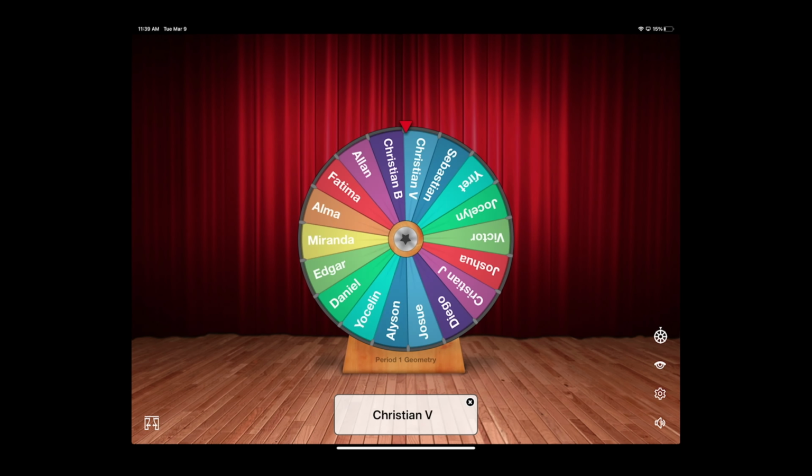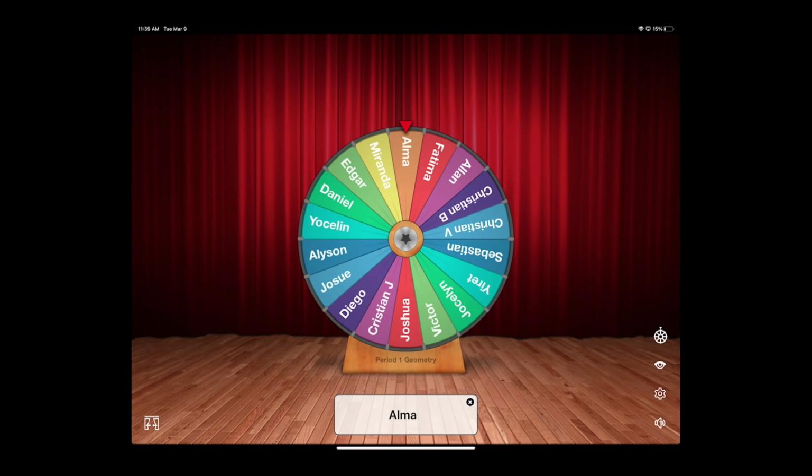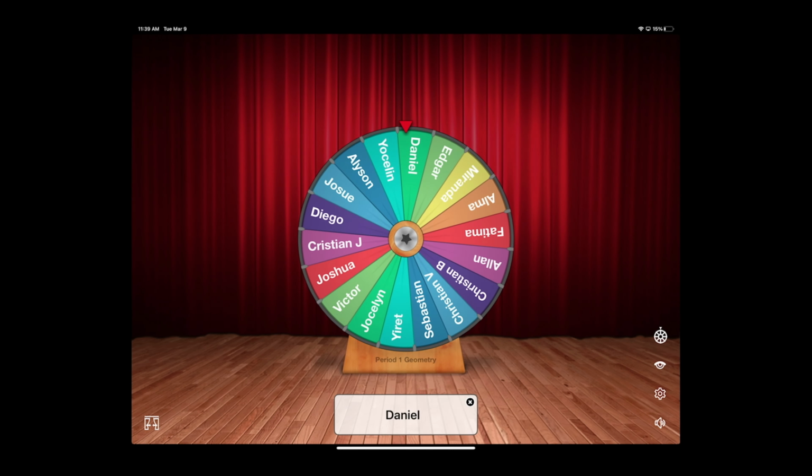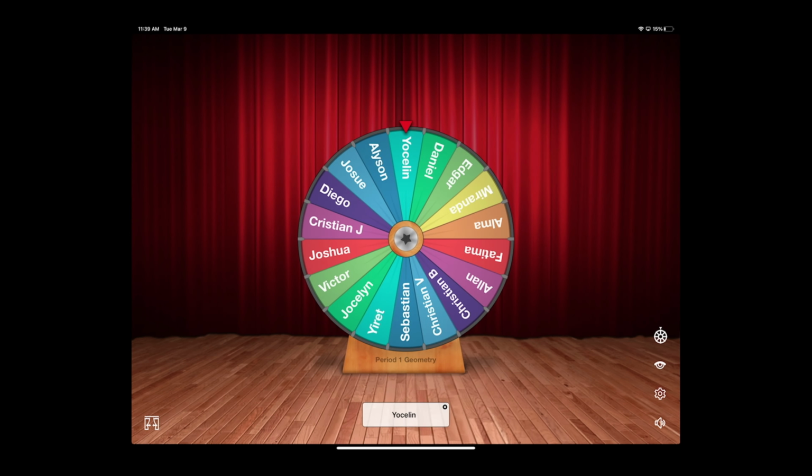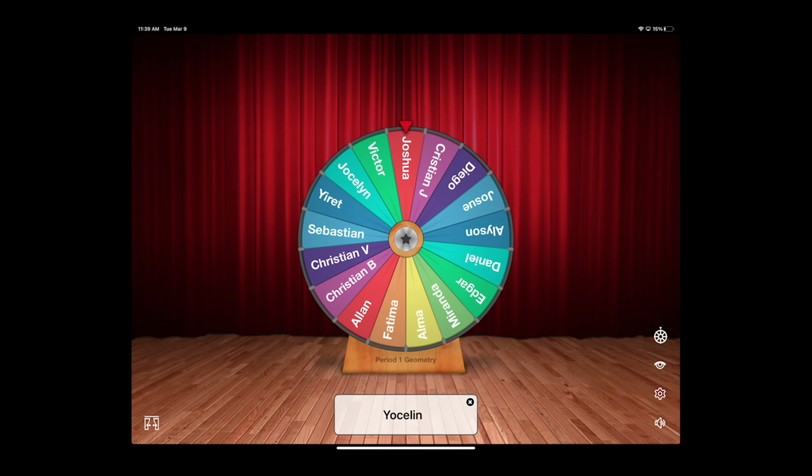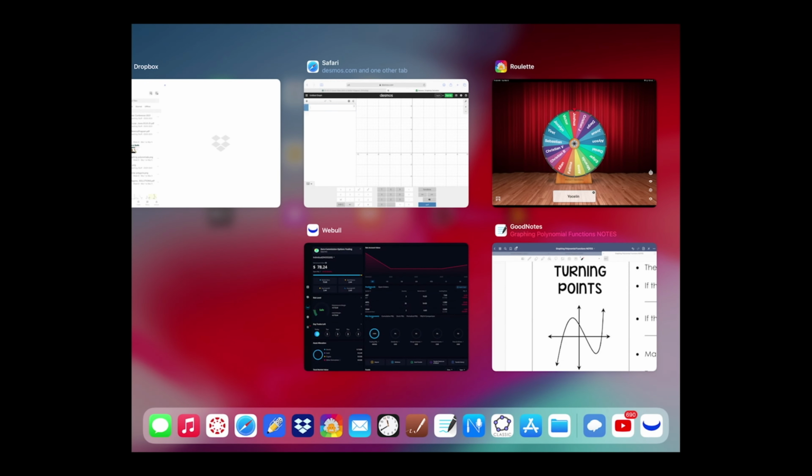I haven't done the wheel yet. Maybe I should start doing the wheel. What do you think? And then once it picks you, it takes you off the wheel, and then you won't get picked again until everyone else has been chosen. Yes? Okay, we need to start doing the wheel. I agree, because I'm having the same 4 or 5 people. Okay, thank you. I got someone else.